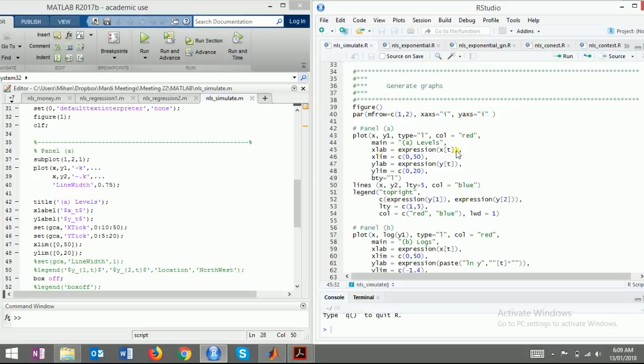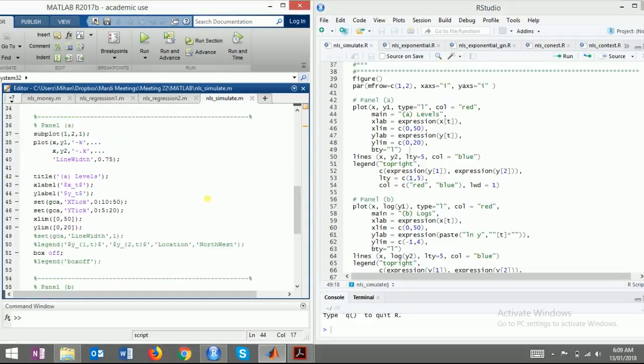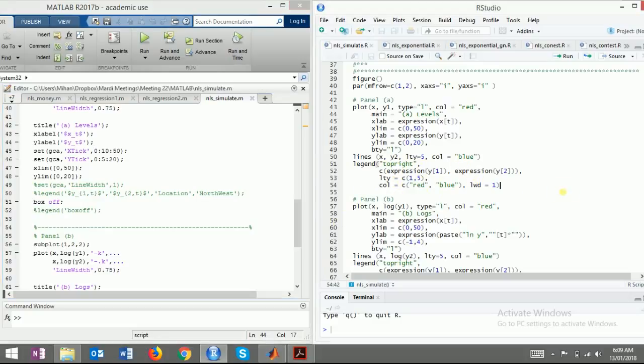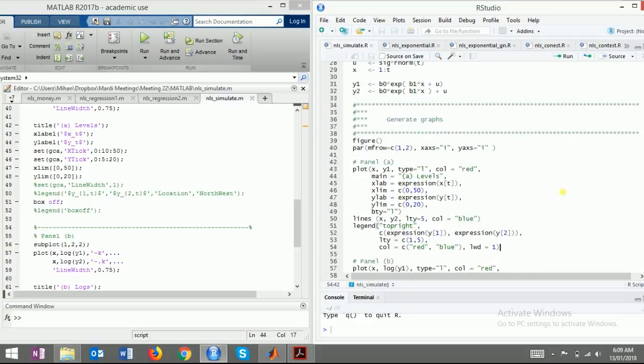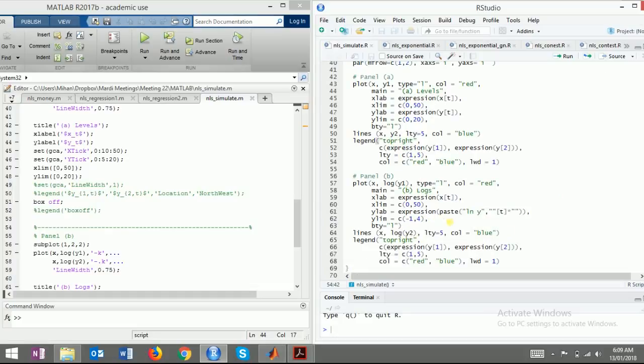The expression of xt is presented in the x label, and the expression of yt is presented in the y label. We are using simple lines instead of subplots here. So it is just graphical presentation. There are just two portions in the graphical representation: first portion, then the second portion.